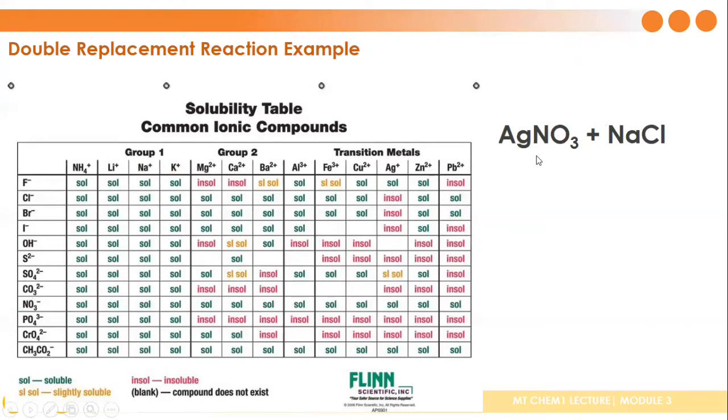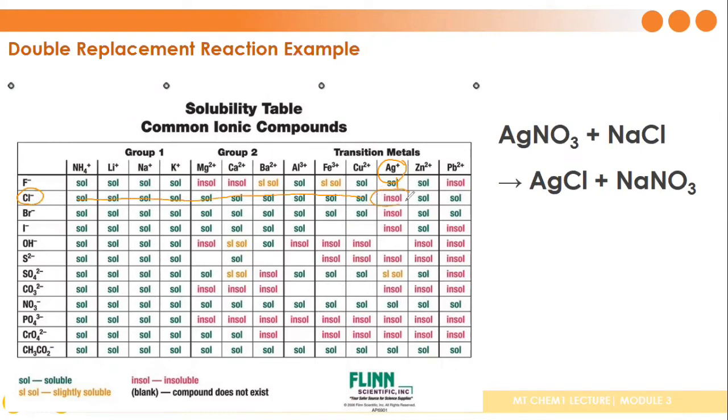We have here silver nitrate plus salt, which will produce silver chloride and sodium nitrate. Let's figure out which of the two is our insoluble product or our precipitate. So let's take a look at silver, and then our chlorine, which is here, and then take a look at their intersection.